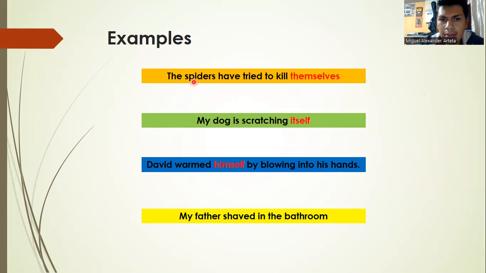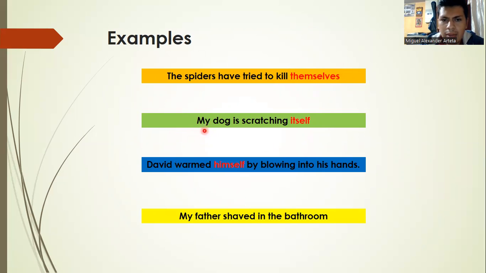Okay, in this case, the spiders are the subject, and the action is have tried to kill themselves. The spiders are the doer and also the receiver. And also we have in this syntactic construction a reflexive pronoun, themselves.